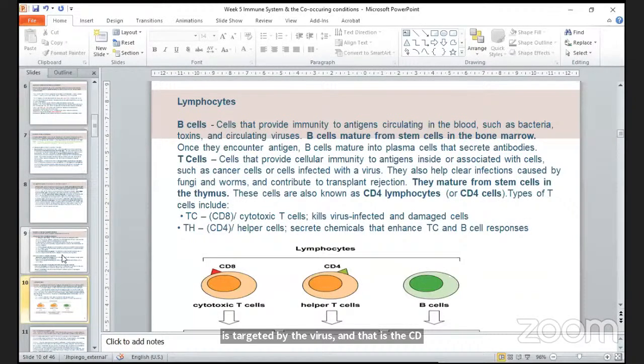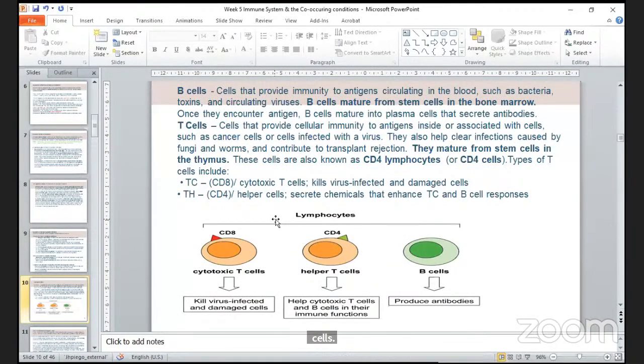Like we can see here, we have different types of lymphocytes: the B cells, the CD8, and the CD4.